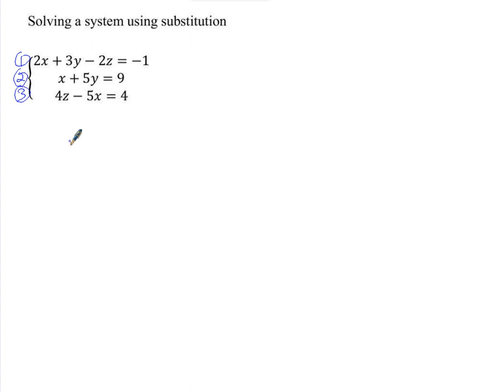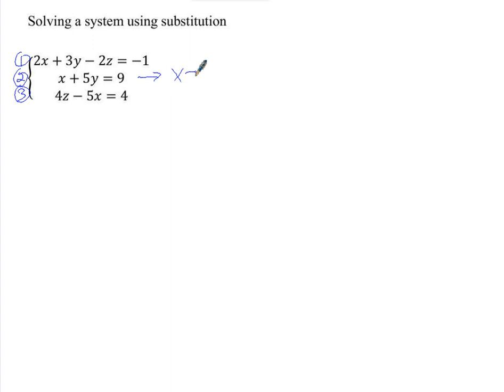And now I'm going to create a new equation, equation number 4. But I'm going to do that by picking a variable that's easy to solve for. Which one up here looks like it's probably the easiest one to solve for? The x in which equation? Equation 2. So I'm going to draw a little arrow over here, and I'm going to write down my new equation.